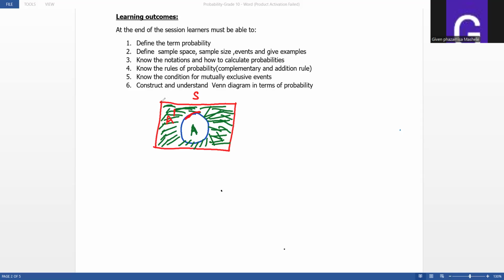But now, if we call this the sample space, in the event of sample outcomes, it means this must be the sample size.